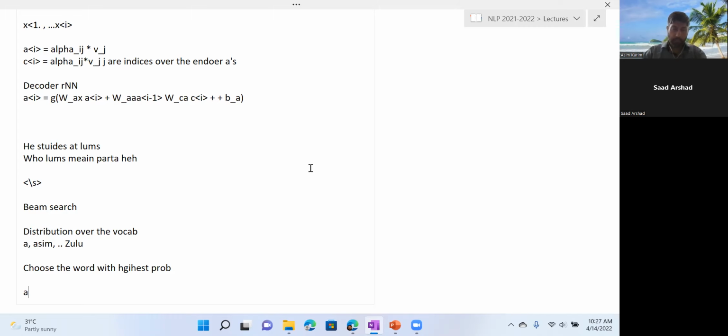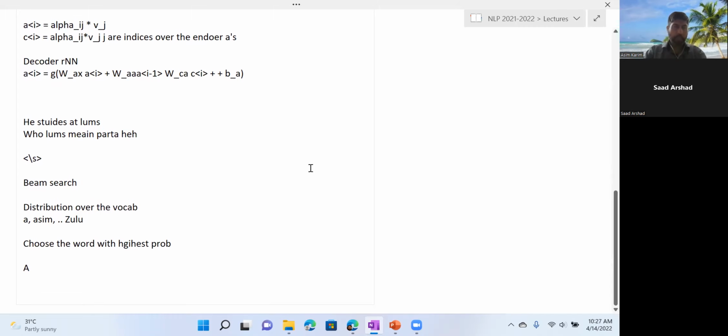So in the worst case, in the most optimal case, what would happen? So let's say the output sequence length, the T that we use, is, just for example, 10. So at each position, you have how many options?